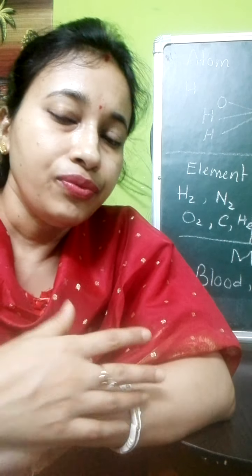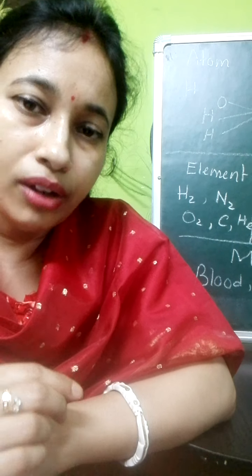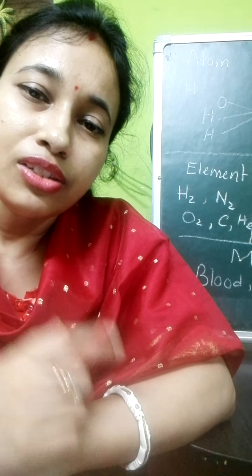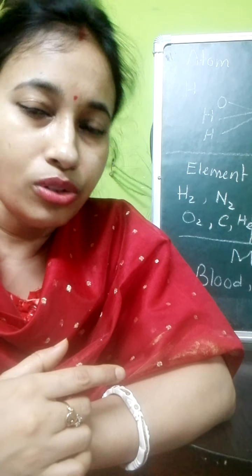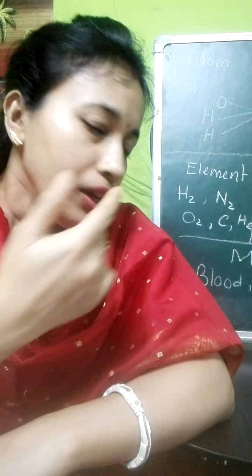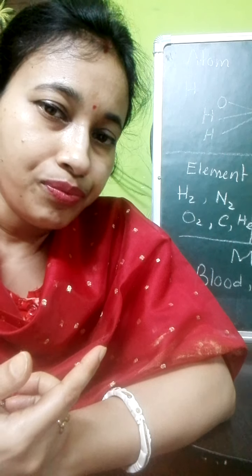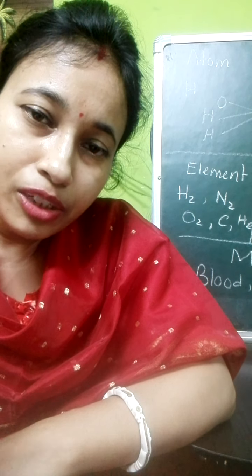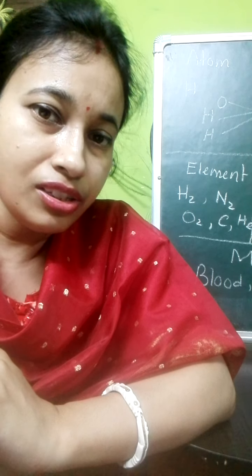Suppose hydrogen, the valency of hydrogen is 1. Now, how is the valency of hydrogen 1? Because it has only one electron in its outermost shell. Now, if one hydrogen combines with one atom of any element, that means that particular element has valency 1.